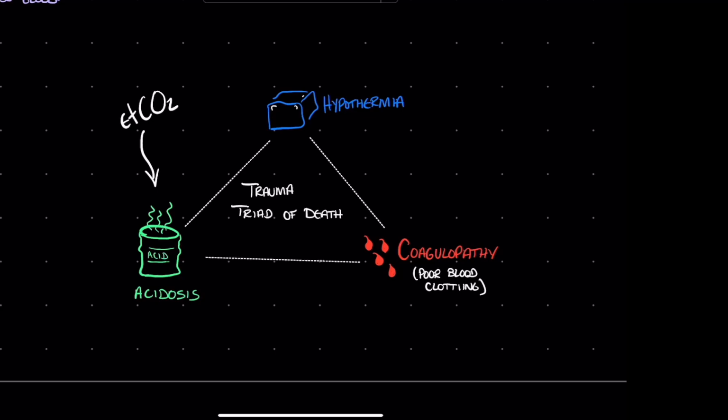So if you have a patient who's hypothermic, they're not able to clot their blood as effectively. Their clotting factors aren't going to work. Vasoconstriction isn't going to work as properly, and it's not going to be able to cinch off that blood vessel effectively enough to control the bleed. Coagulopathy. That's the actual clotting factors in the blood.